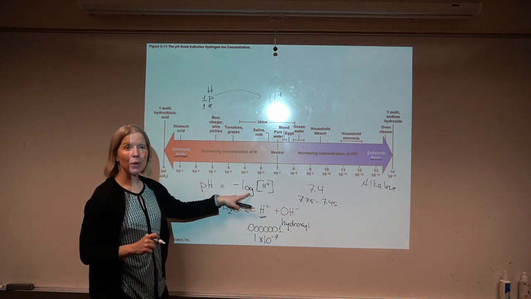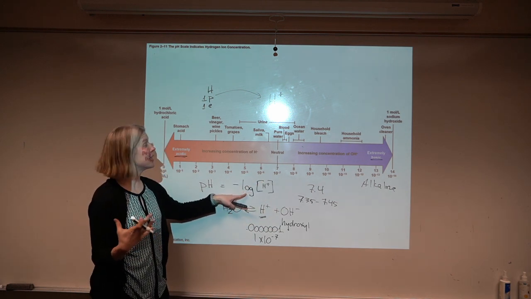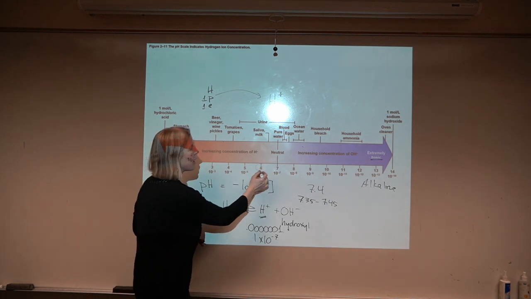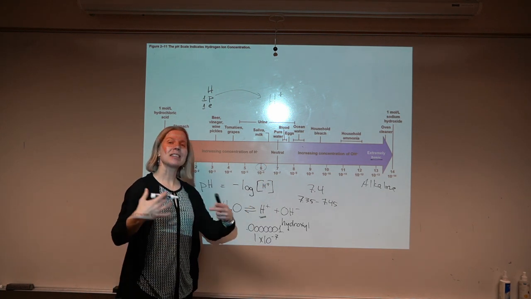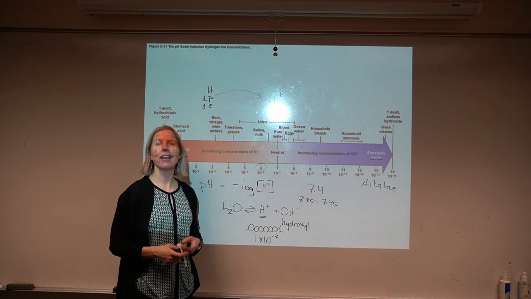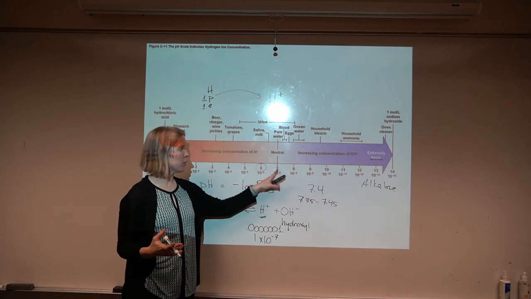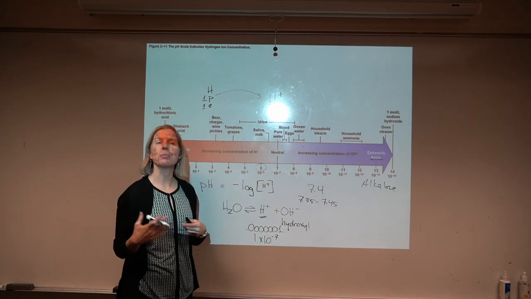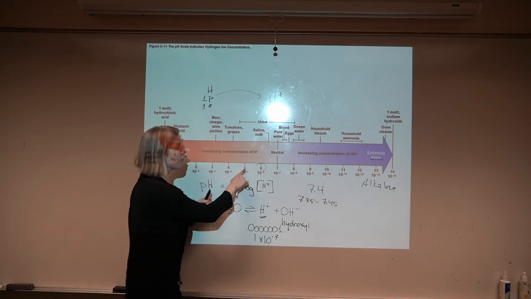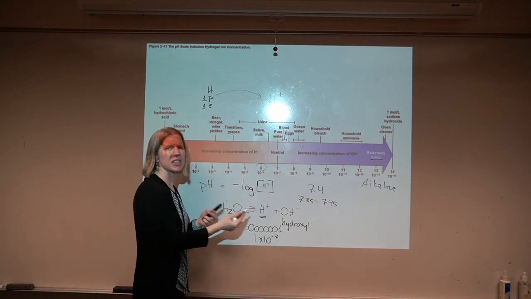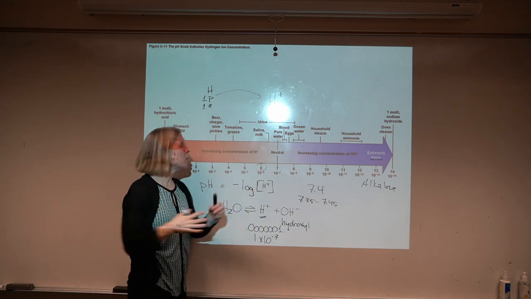All this logarithmic scale says is that it's base 10. So a pH of 6 has 10 times as many hydrogen ions as a pH of 7, right? A pH of 5 would have 10 times more than a pH of 6. It's like the Richter scale, right? So it's exponential.